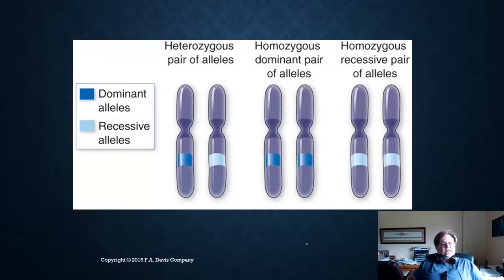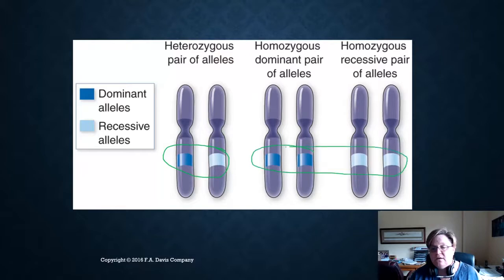And these are the alleles, one form of a gene. Another way to show heterozygous or homozygous is to show the alleles on pairs of chromosomes, and this is just one way we can do that. These are heterozygous because there's two, one dominant and one recessive. These are both homozygous.